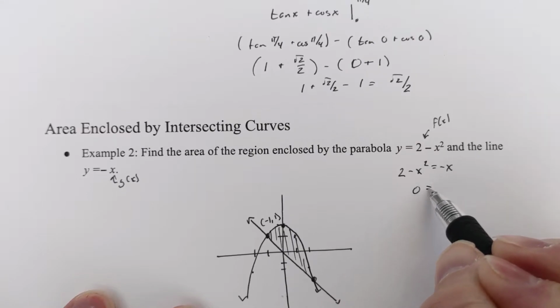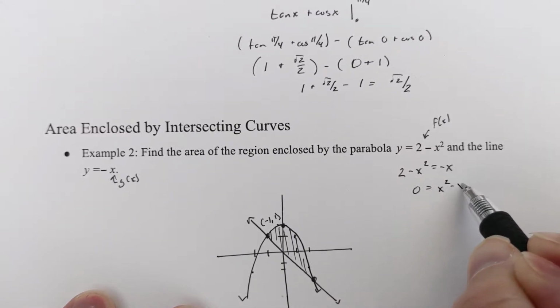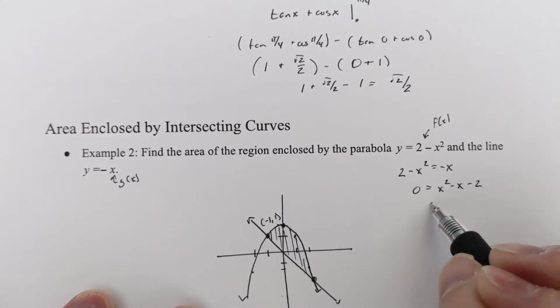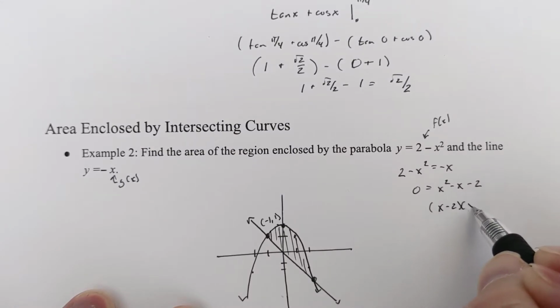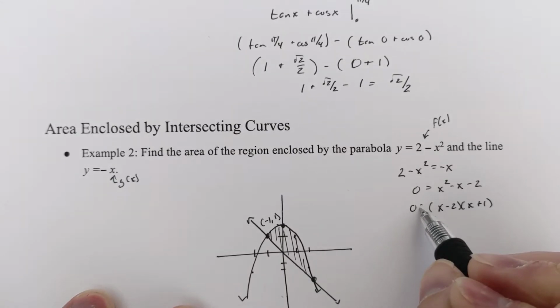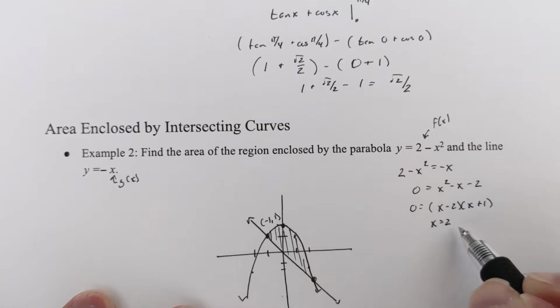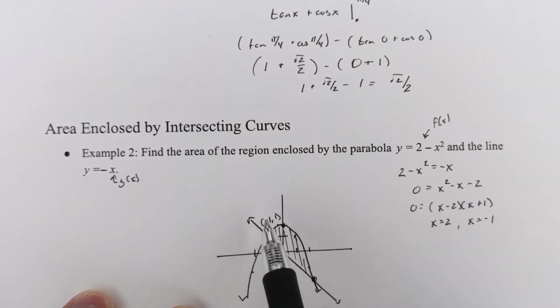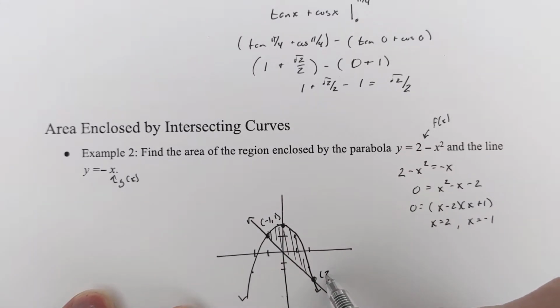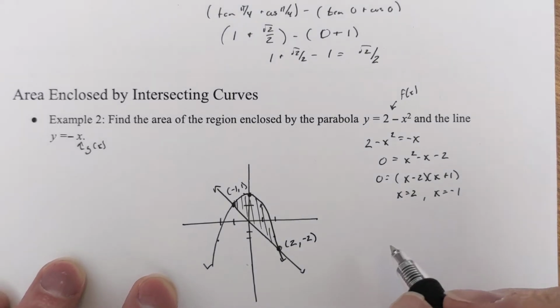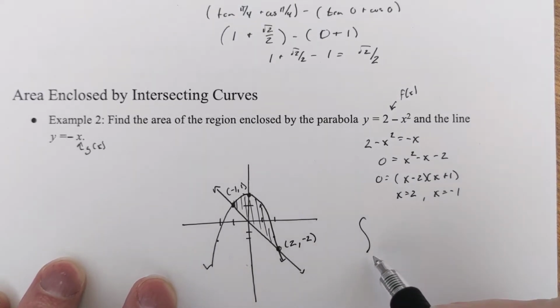So this is 0 equals x squared minus x minus 2. So x minus 2, x plus 1. So they intersect where x is 2 and where x is negative 1, which we already got. So this point over here would be 2 comma negative 2.